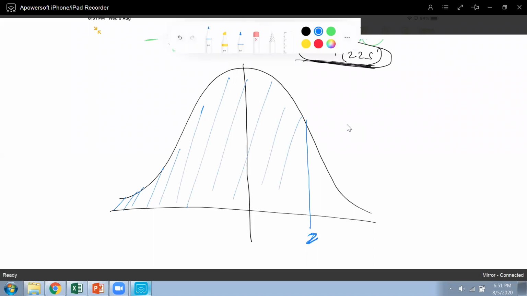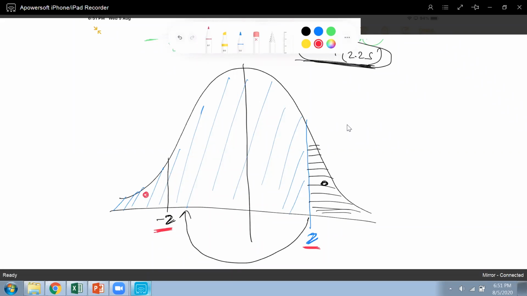From this area you subtract 1 and then you will get this area. As we know this curve is symmetrical, if we go to negative z, then this area will be equal to this area. Do you agree with me? Because this curve is symmetrical, this area will be equal to this area. Do you agree or not?